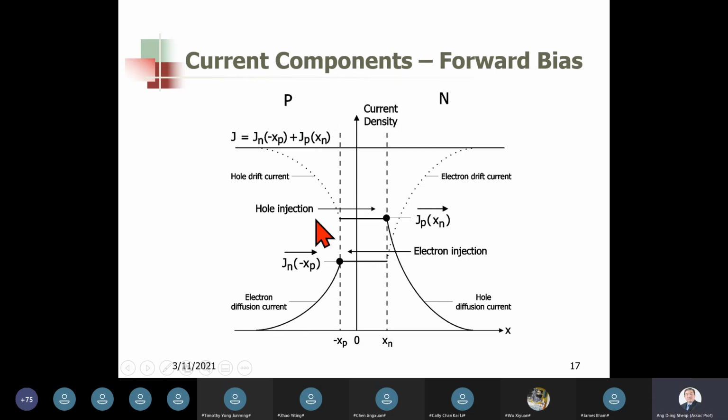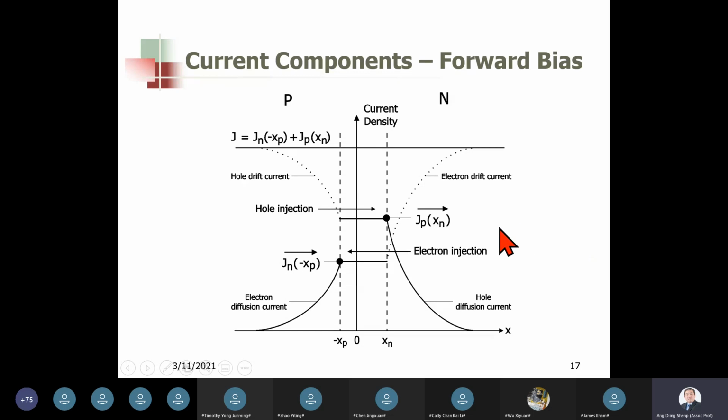After entering the opposite P side, they diffuse, right? To give you an electron diffusion current. So there is one role played by the electron drift current. Now there's another role played by the electron drift current, because you have holes injecting from the P into the N region, and as the excess holes diffuse along the quasi-neutral N region, these excess holes will recombine with the electrons.